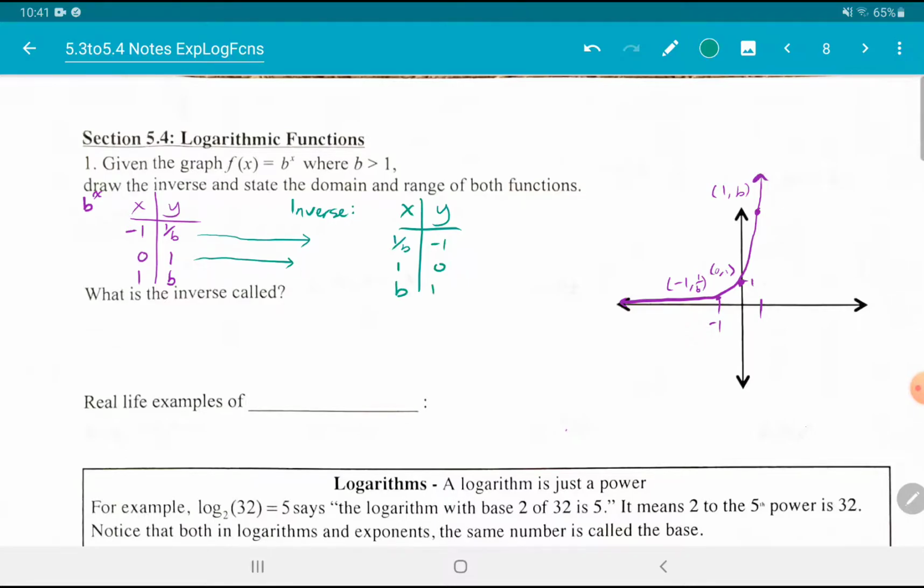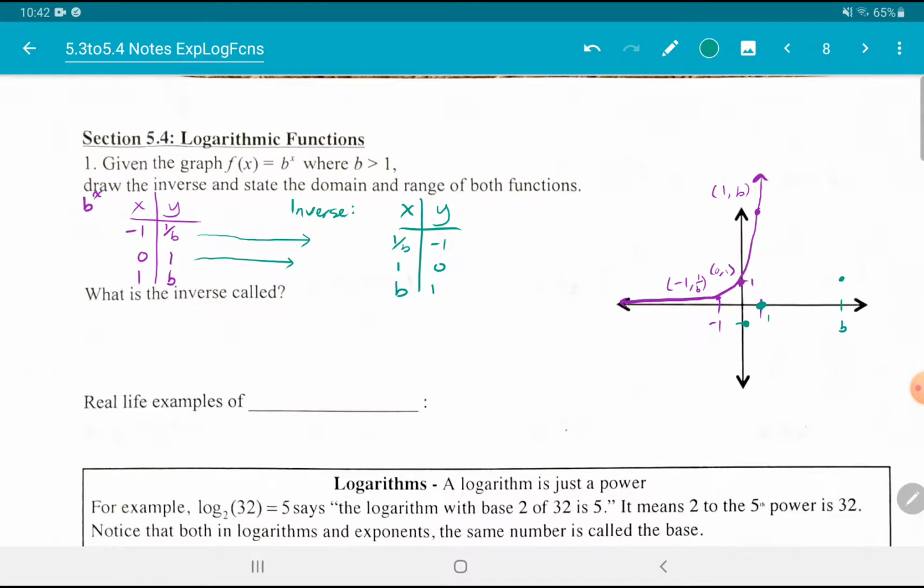Let's graph those points. So here's 1. Let's plug in (1, 0). We also have the point (b, 1), so b is going to be way out here. And then we also have the point (1 over b, -1), so that'll be somewhere here.